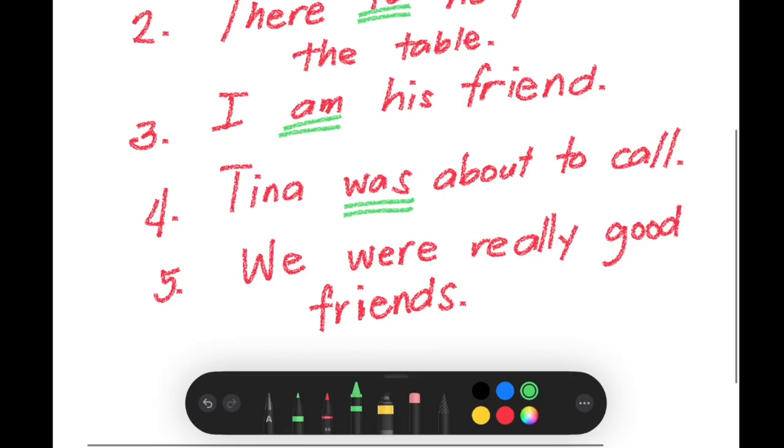And just like is and are, we use was if it's singular and were if our subject is plural. So in the last sentence, we were really good friends. Were is our linking verb or state of being verb in this sentence. All right.